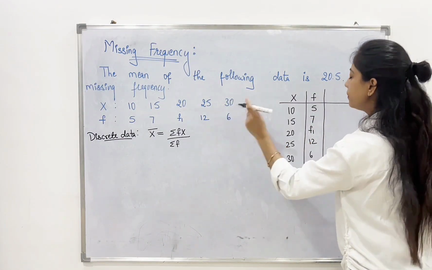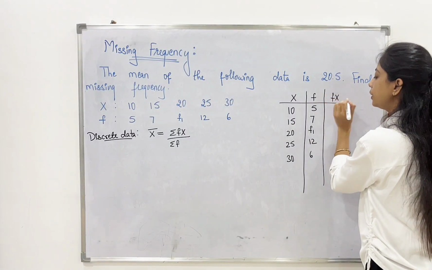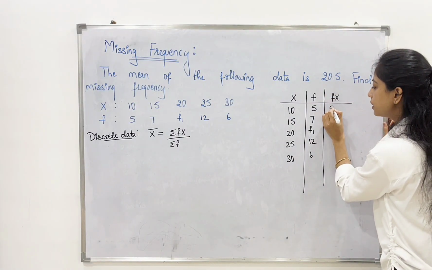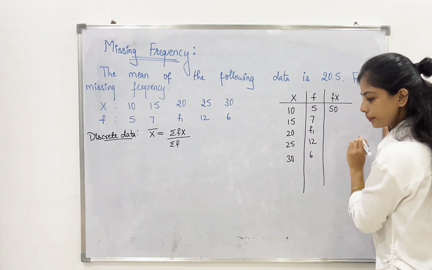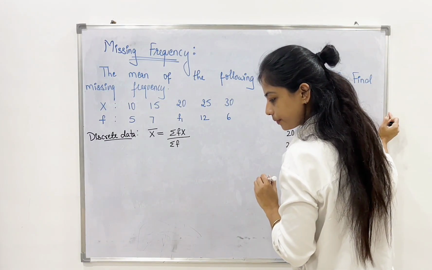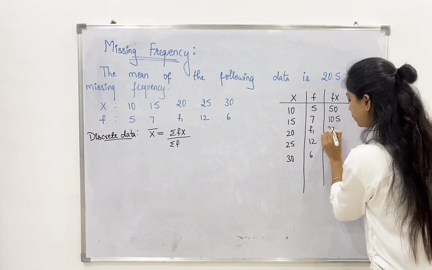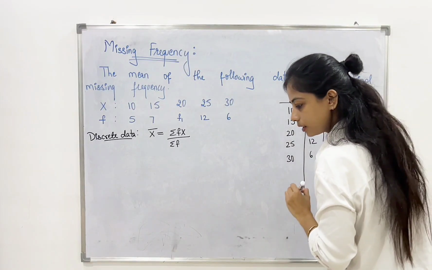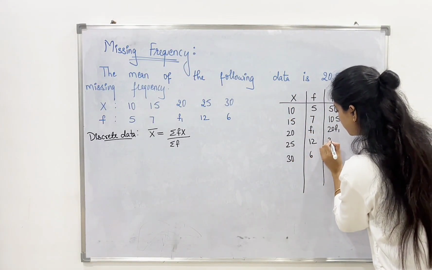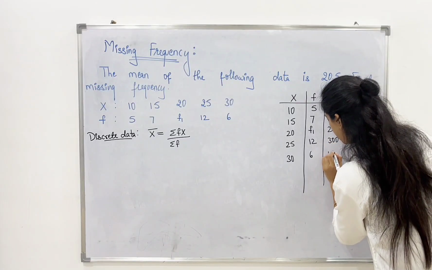Now, for the formula, we need to multiply F into X, with the values 50, 105, 20 F1, 300 and 180.